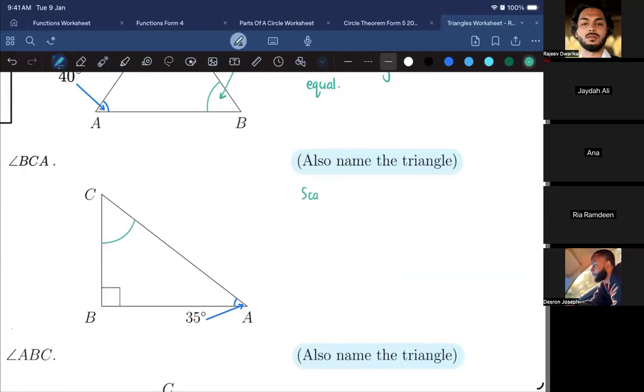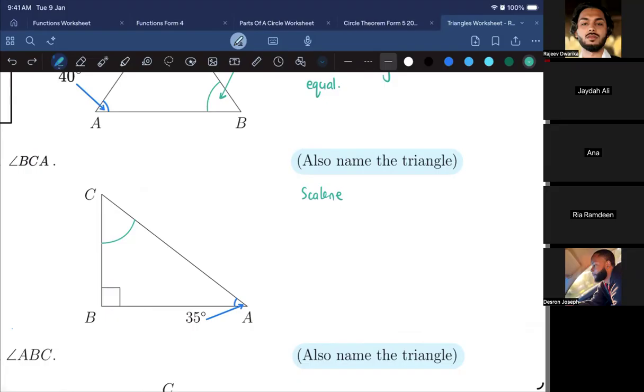Right. Are you seeing any lines? I'm not seeing any lines, any dashes. Just by looking at it, none of these sides are equal. So scalene, right? So, Jada, how would you find angle C?